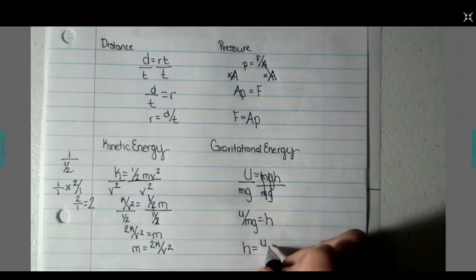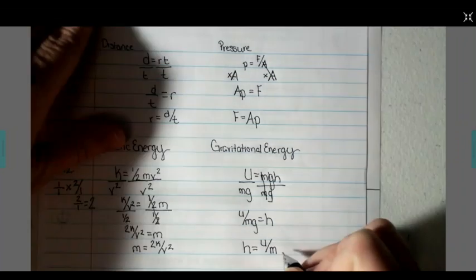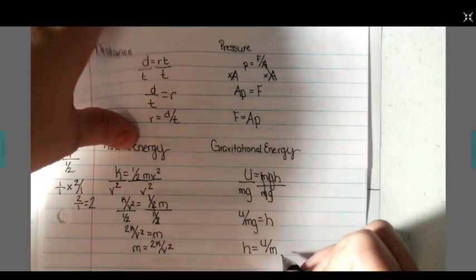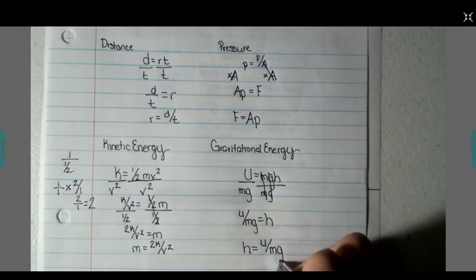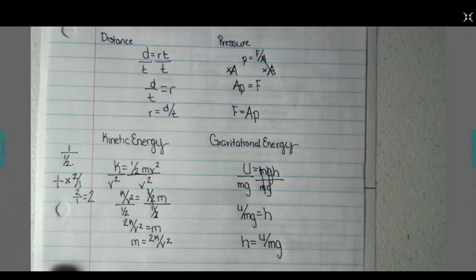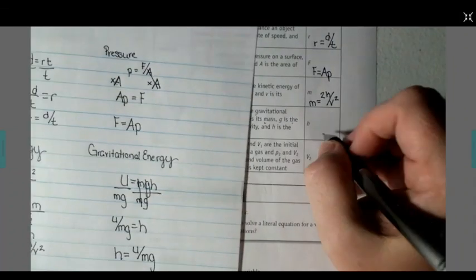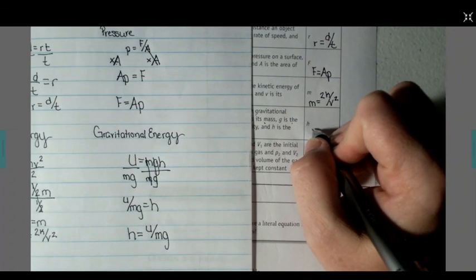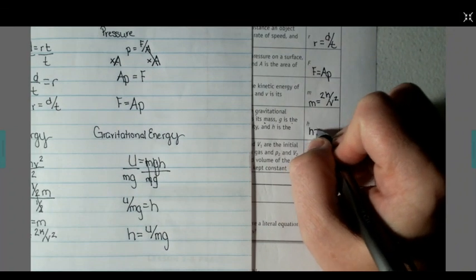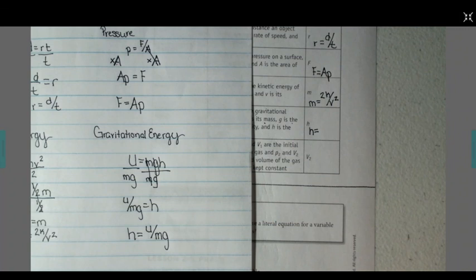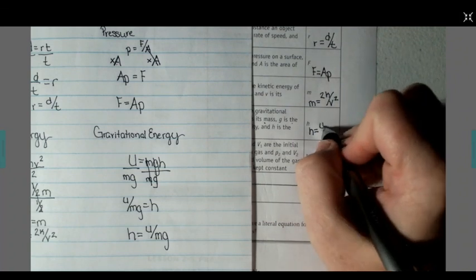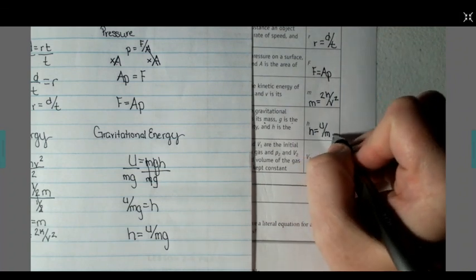The gravitational energy over the mass times the acceleration due to gravity. There we go. This is one that's not as common, so that's why I had to go back and look at all my variable information. So H equals U over mg.